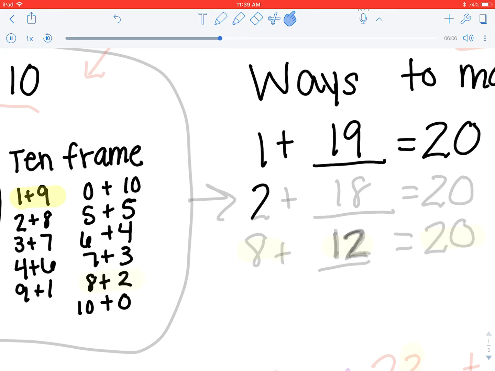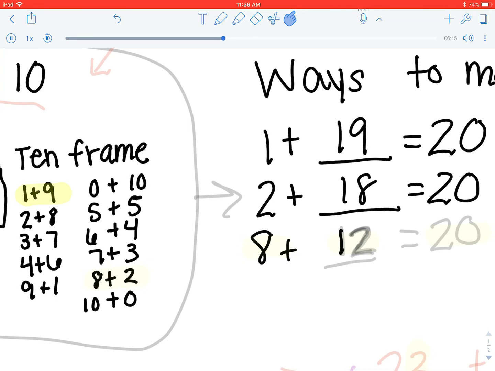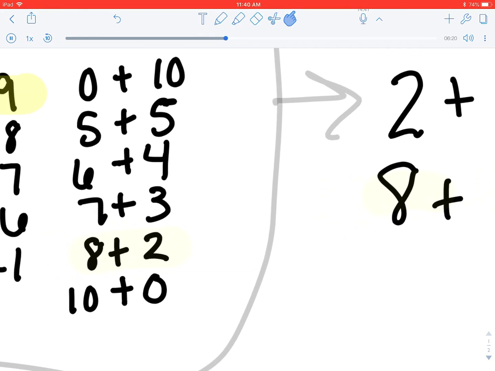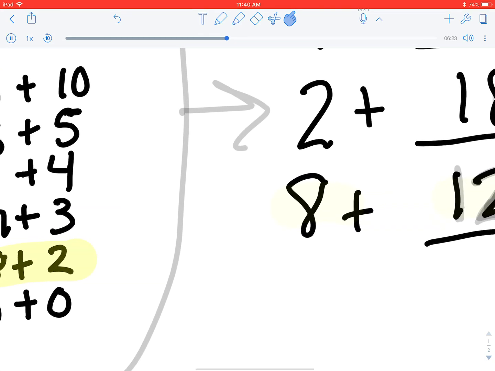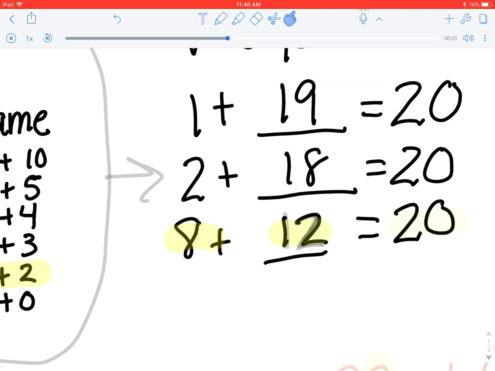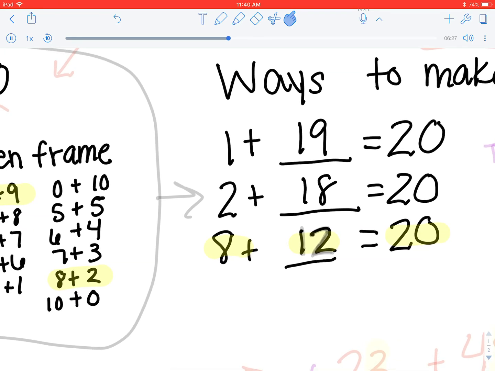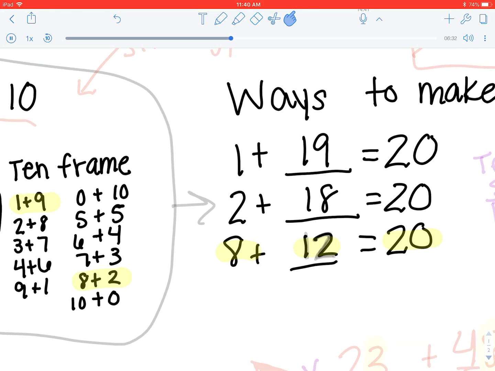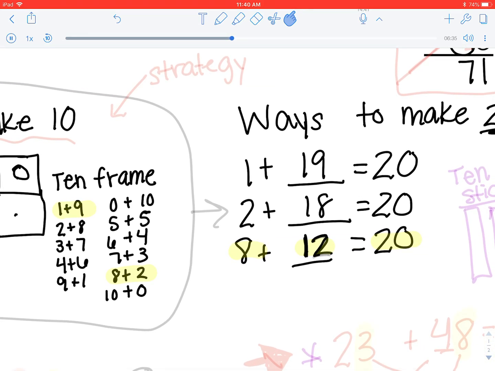And then that can go all the way down the line as well. 2 plus 18 equals 20. And then the reverse, 8 plus 12. Because again, they should be understanding, if I know that 8 plus 2 is 10, then I know 8 plus 12 is 20, since 20 is just another 10 added on to my first 10, and that 10 shows up right here in this 12.